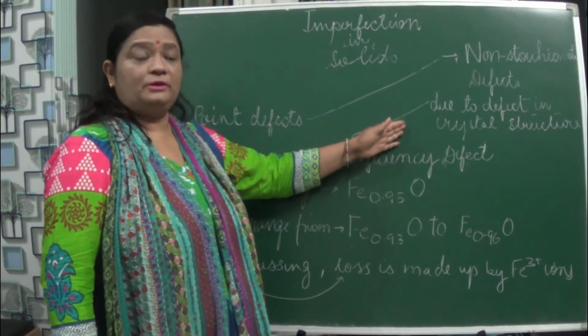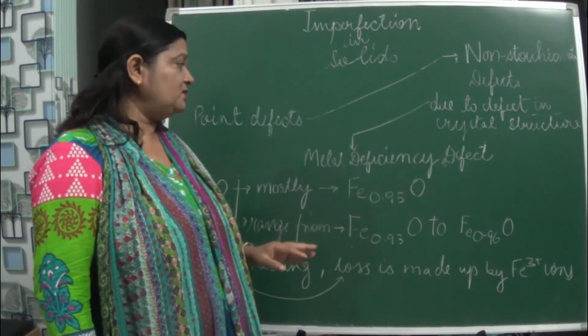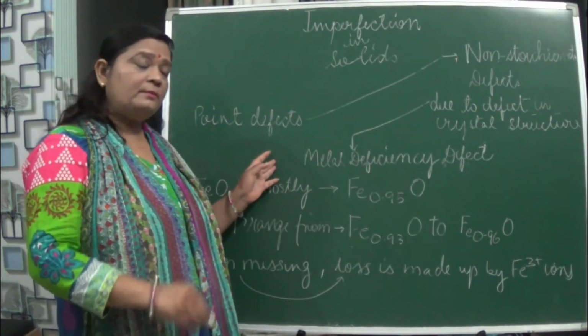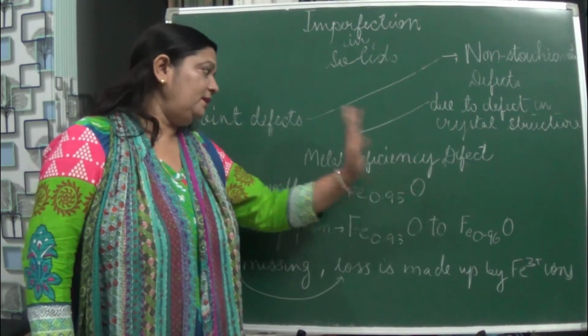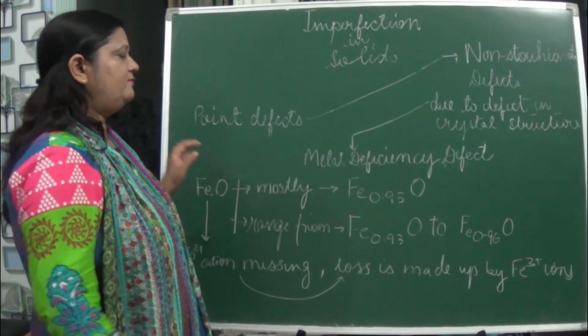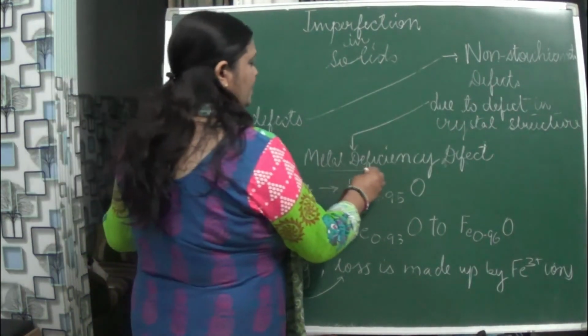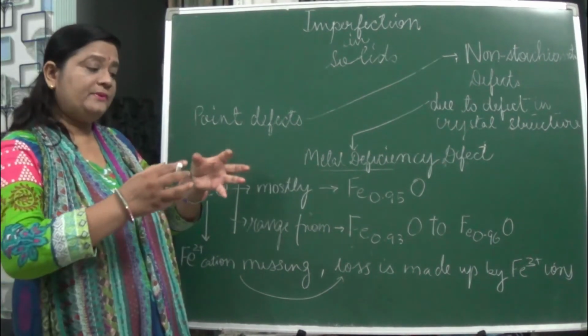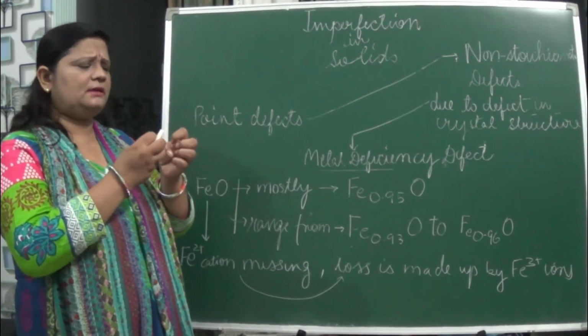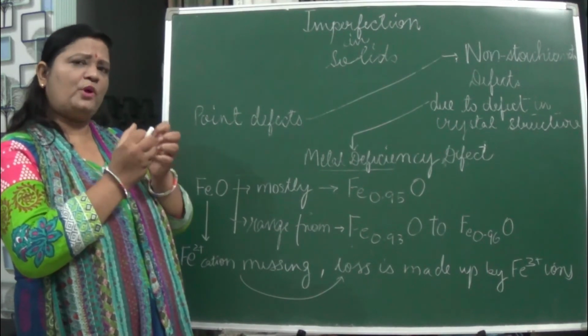And this is due to the defect in the crystal structure. Earlier we studied the metal excess defect. Now we are going to study the metal deficiency defect. When we say metal deficiency defect, it means there is some deficiency of the metal. In the compound, the elements are not present in a proper ratio.